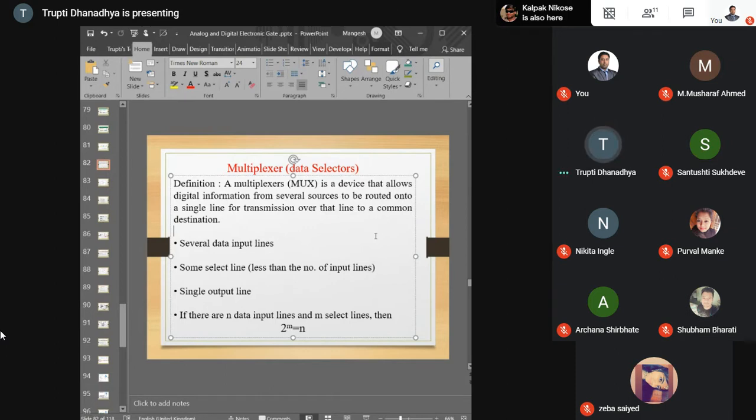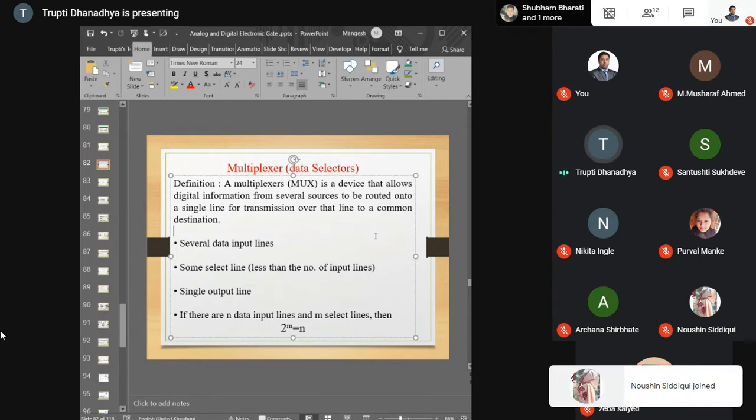For example, if the number of inputs is 4, then m equals log base 2 of n, so by using that relation we can calculate m, the number of selector lines.